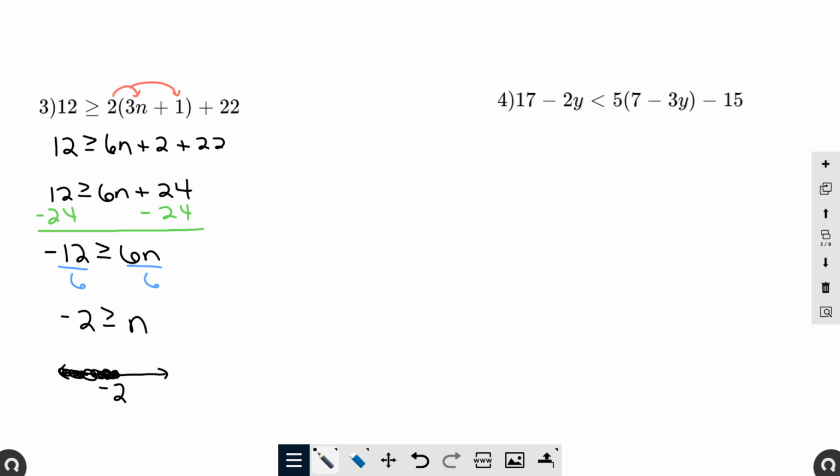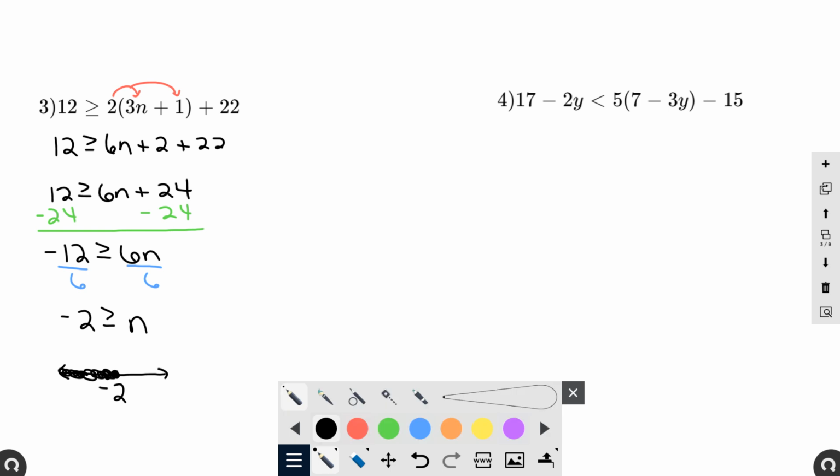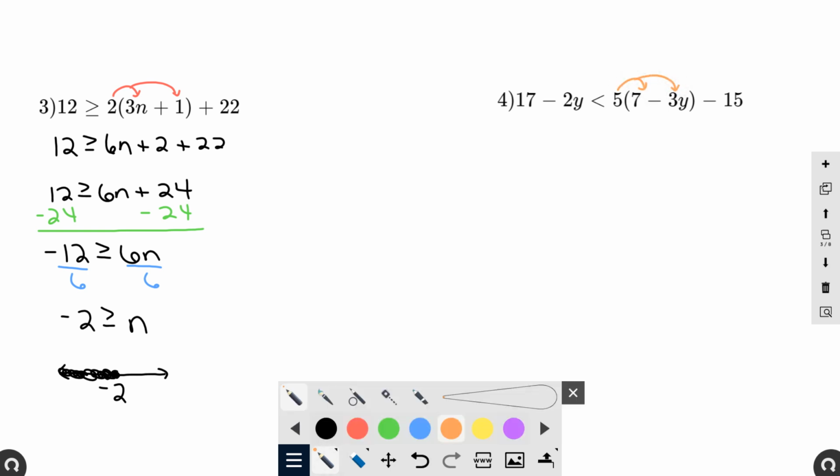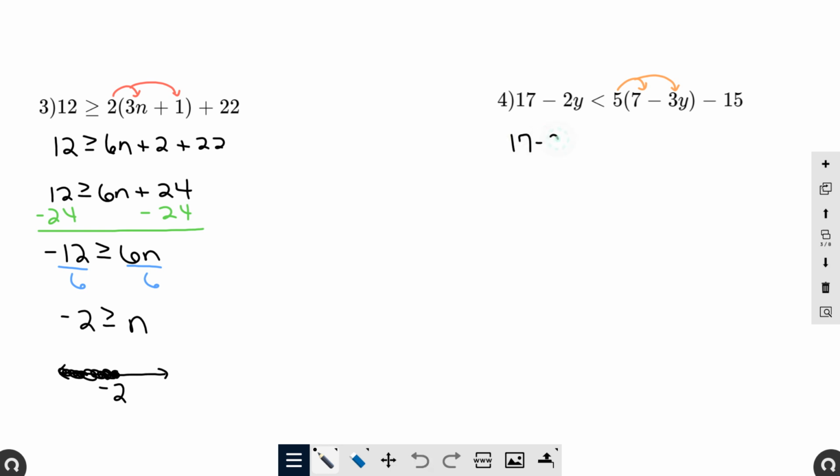Okay, write down number 4. Okay, what do I do first? Good. Distribute that 5. Remember, leave everything else in the same spot. So 5 times 7, 5 times 3.